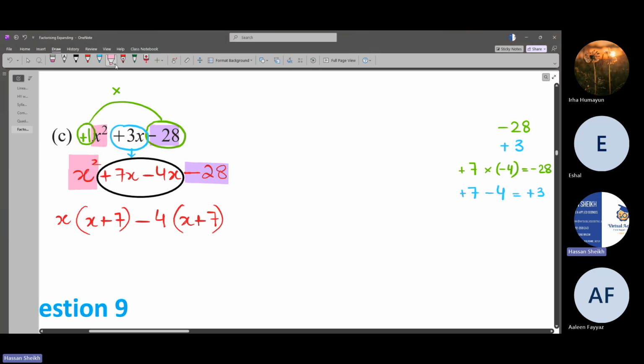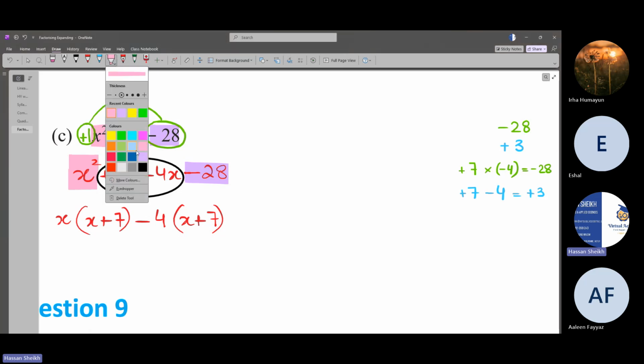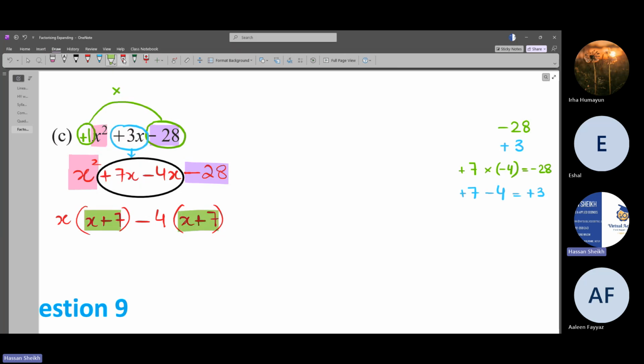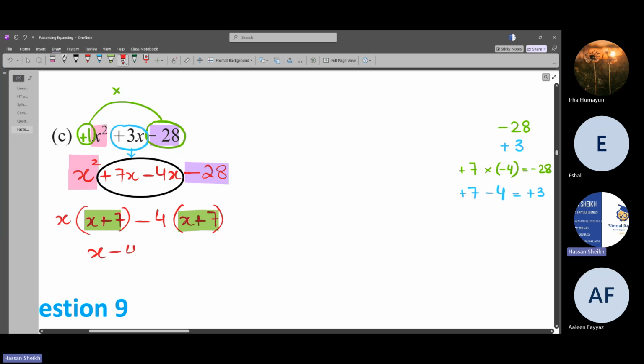Students, always remember that if you are doing everything correctly, then this and this would come up the same. If you're getting these two brackets different, obviously you're doing something wrong. So in factorization, when you are getting these two brackets the same, it means that you are doing it correctly.